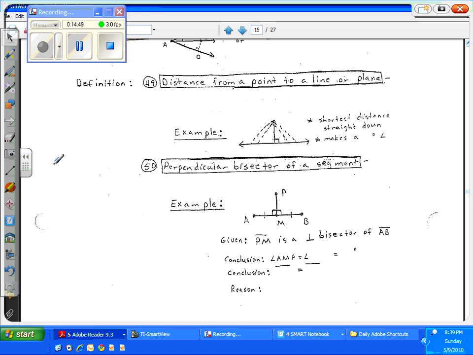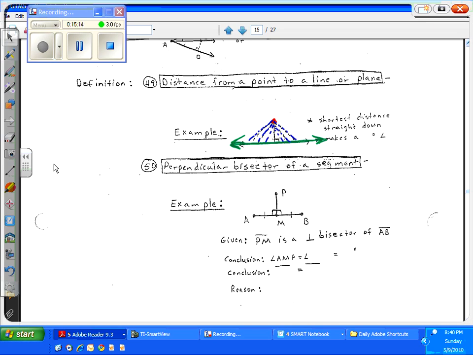The distance from a point to a line. As we think about those vertices and those altitudes, when this was a point like the airplane or a vertex, and we had a line containing the opposite side or ground level, if we were going to draw a perpendicular, how many could you draw?